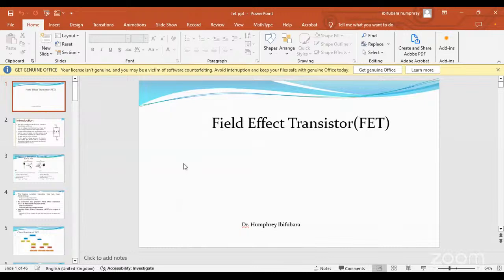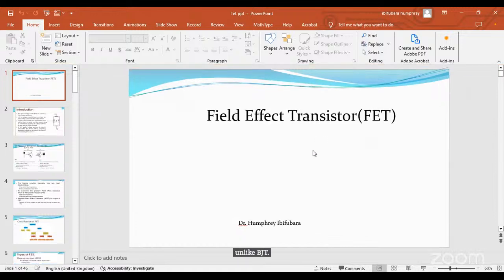So FET, which is field effect transistor, is a kind of transistor, unlike BJT, that is current controlled. You know, in BJT, the emitter current is what determines the output current.